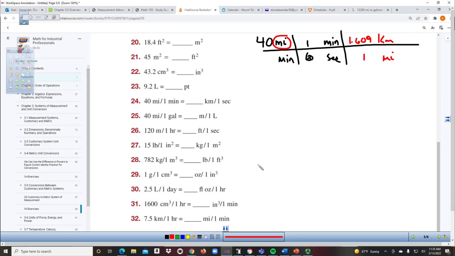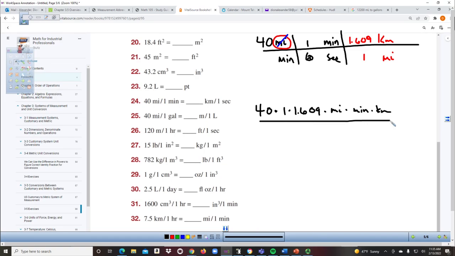Now we can go ahead and cancel some units, miles, and here's why we can cancel. Let me make sure you're understanding this. This is basically saying 40 times 1 times 1.609, and I'm going to just put the units last, times a mile times a minute times a kilometer.